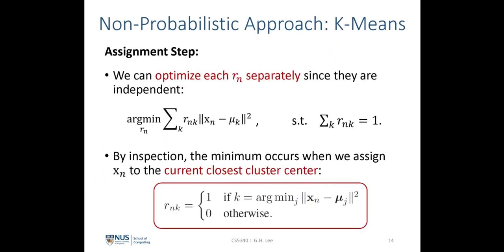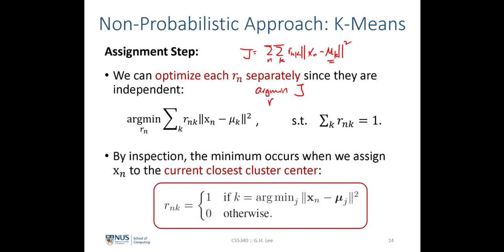Now let us look at the more formal definition of the assignment step, where the objective is to minimize the cost function, which we have defined to be J equals the sum over n, sum over k, of r_nk, which is our assignment variable, times the sum of square difference between every data point x_n and the respective centroid mu_k squared, where we are interested in finding the argmin of J over r while keeping all the mu_k's fixed.